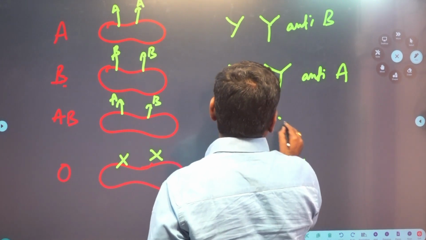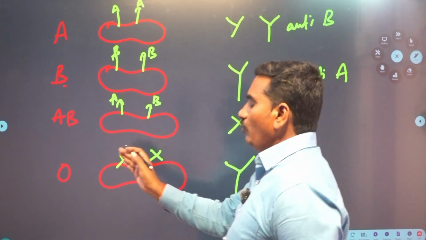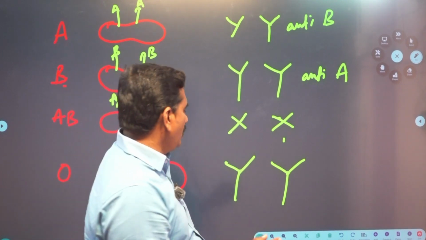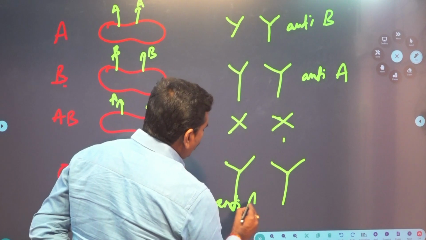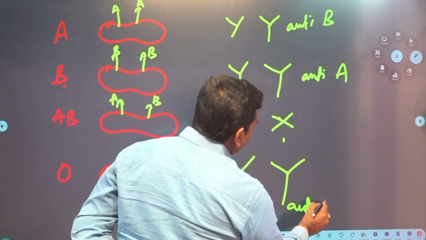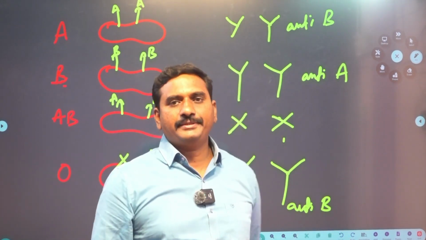In the O blood group, anti-A and anti-B antibodies are present in the plasma.